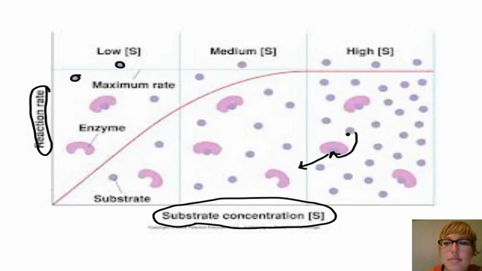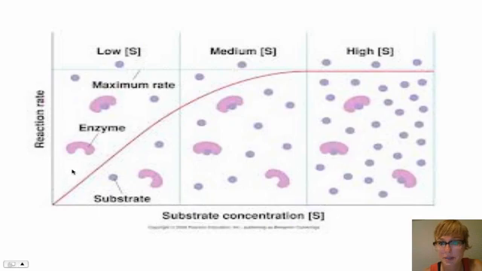So it's really awesome that these things are created and coded in our DNA so that they can speed up these reactions, like breaking down hydrogen peroxide in our liver or digesting our food. So substrate concentration is a way that we can change the reaction rate of our enzymes.